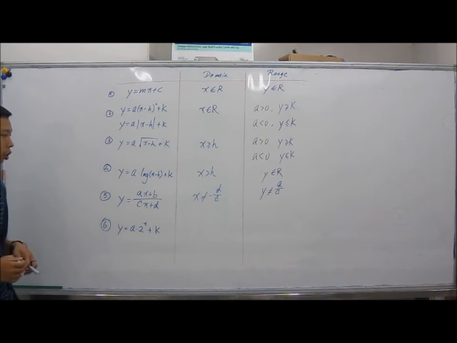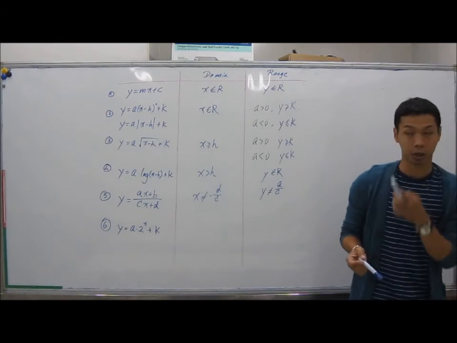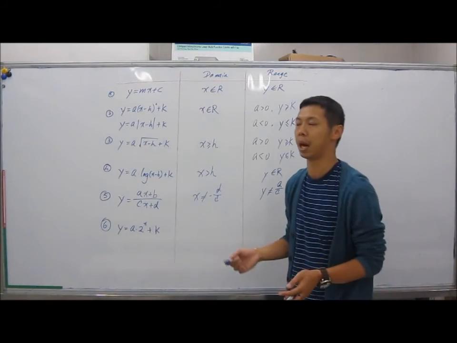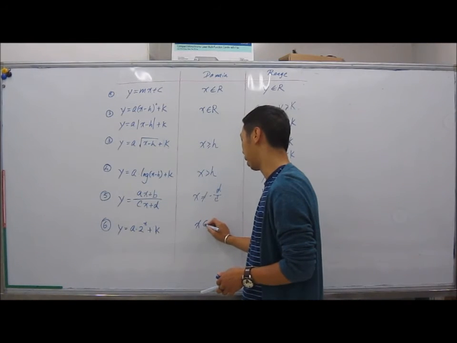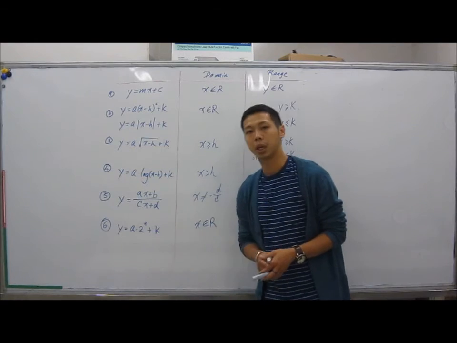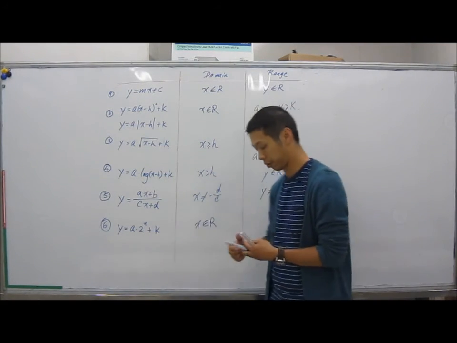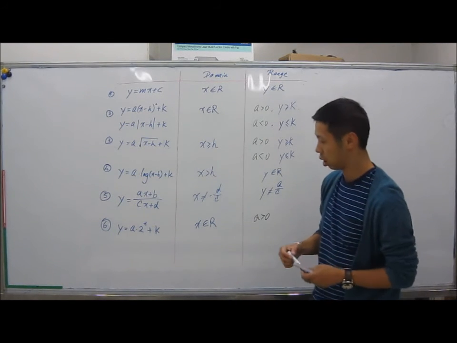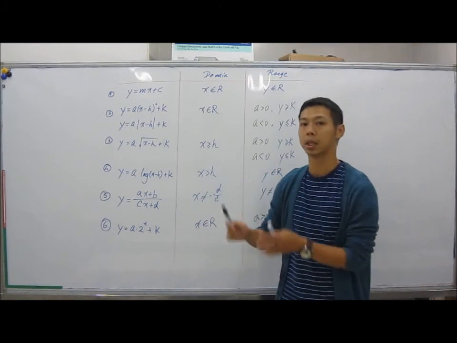For the domain, the index can be any number, because we can have 2 to the power infinity or 2 to the negative something, so x can be any value. This time, we also need to consider the a, because if a is positive, then 2 to the power x must be greater than 0.